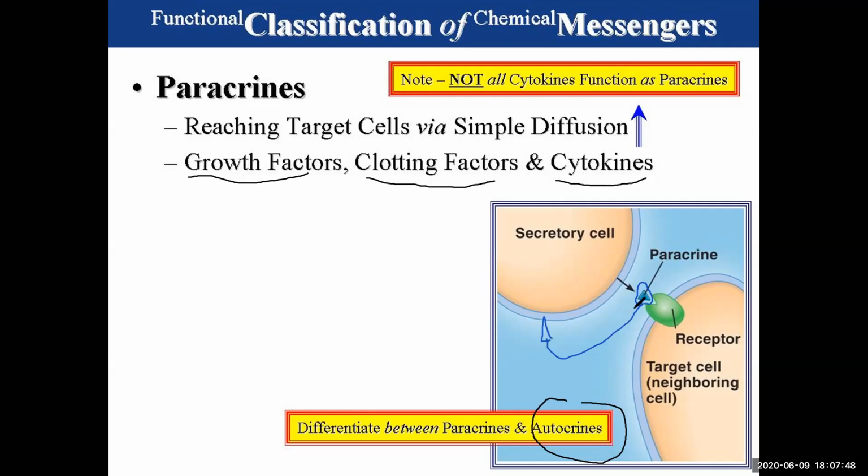So it can induce its own secretion, or it can shut down its own secretion, right? In that case, we call this signal autocrine.